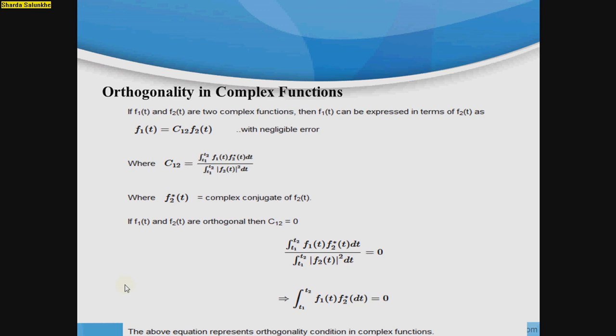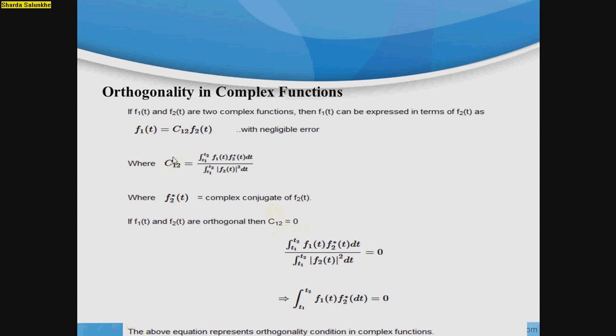And you know c12 is the integration from t1 to t2 of f1 of t into the complex conjugate of f2 of t dt, divided by integration over the period t1 to t2 of the modulus of f2 of t bracket square dt. Here f2 asterisk is nothing but the complex conjugate of the f2 function, and f1 and f2 are orthogonal when c12 is equal to 0.